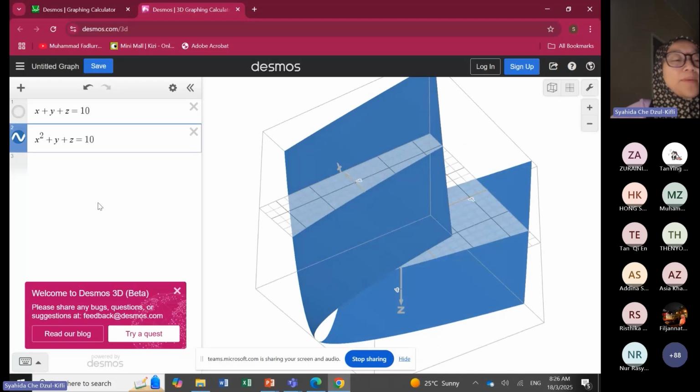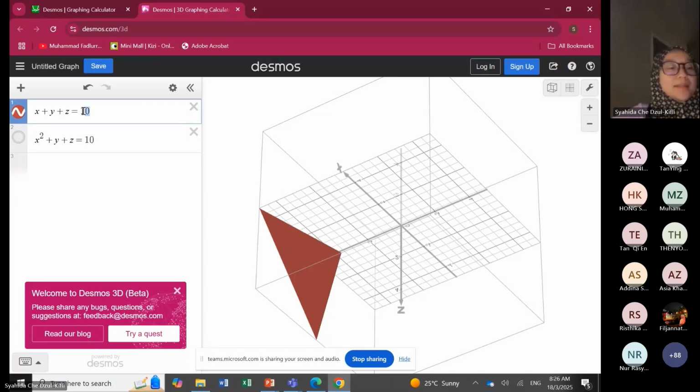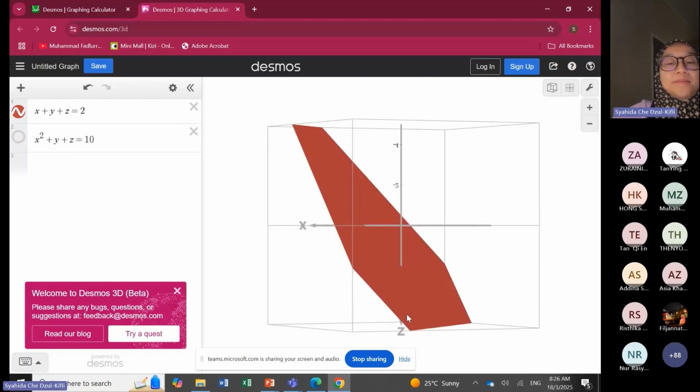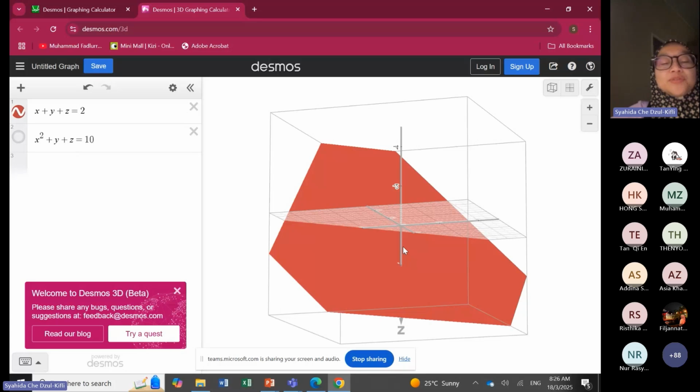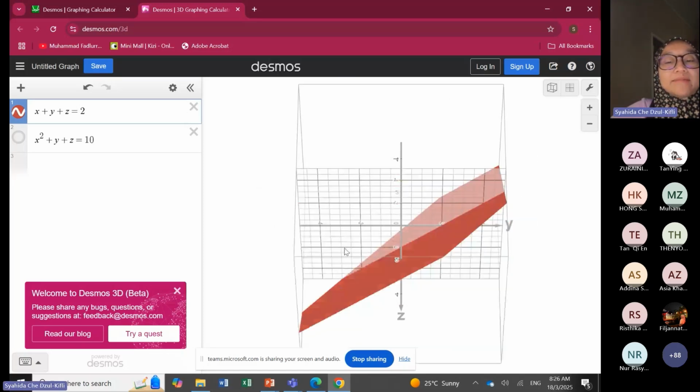See? Is that clear? Okay, so the third example is not linear, but the second example, let's see, 2. Okay, I move it a bit. See? The 3D space is limited in a box. Okay, so this one is linear, right? Can't you see?